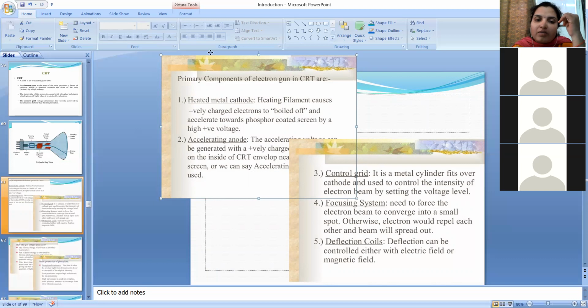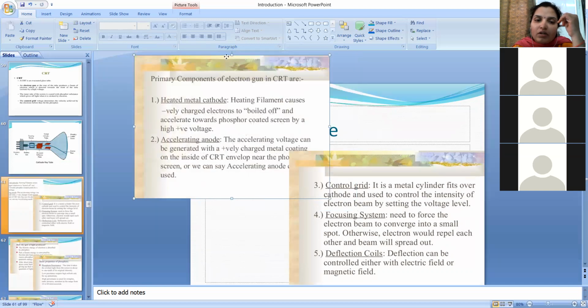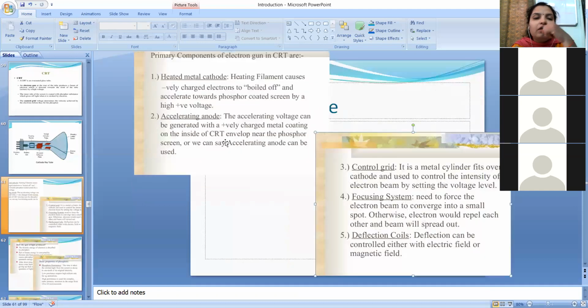Then second comes the accelerating anode. So the accelerating anode is nothing but the acceleration voltage that can be generated with a positively charged metal coating on the inside of the CRT envelope near the phosphor screen.